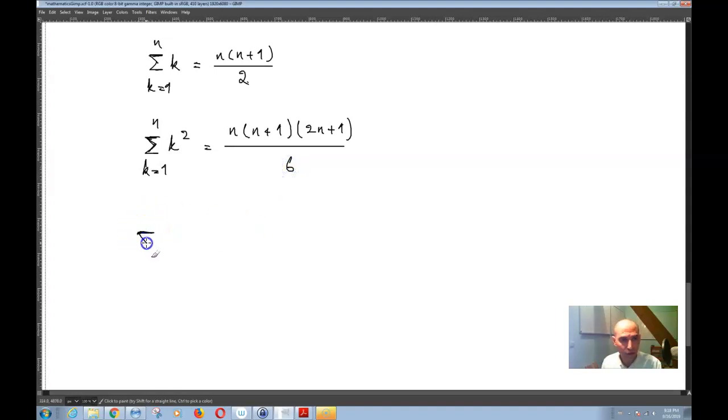And also sigma k cubed as k goes from 1 to n is equal to n times (n plus 1) whole raised to the power 2 divided by 4.